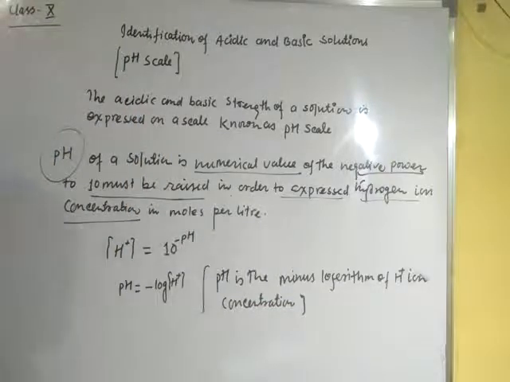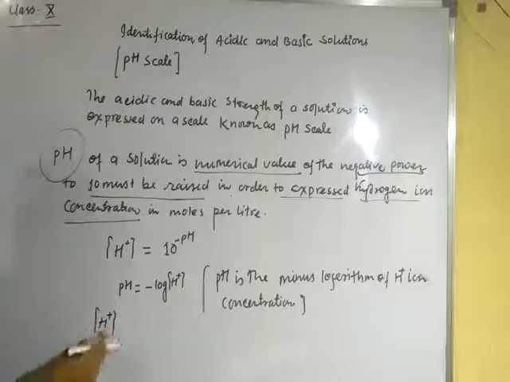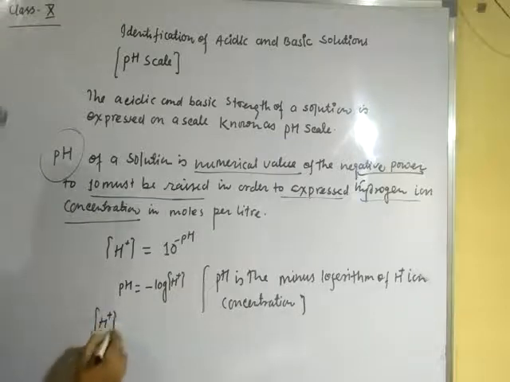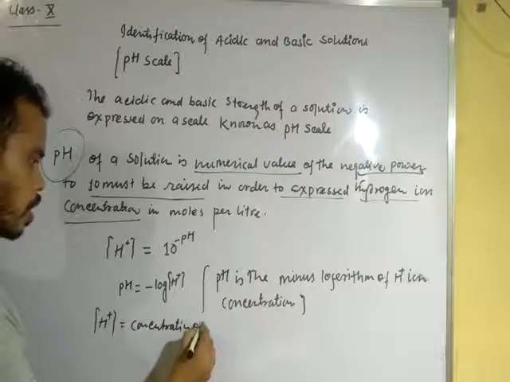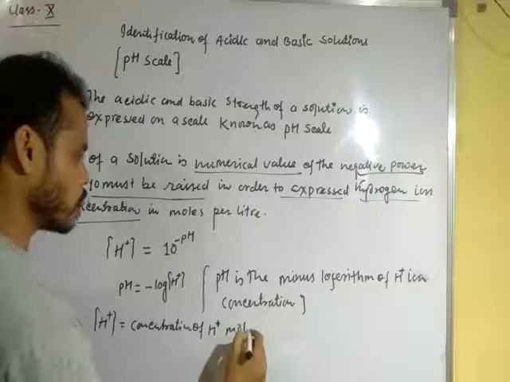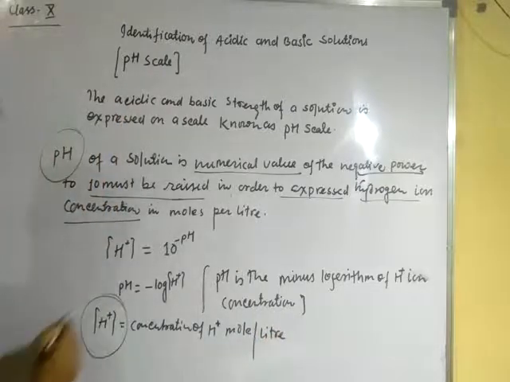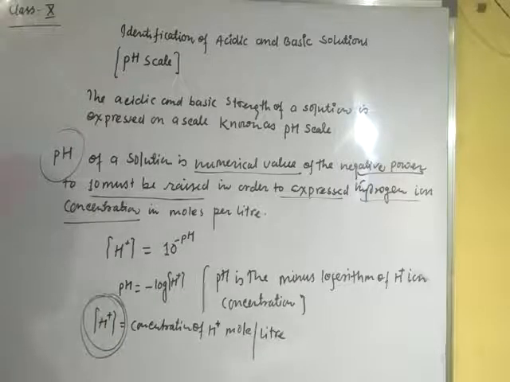Here the square bracket of H plus indicates the concentration of H plus ion expressed in mole per liter.